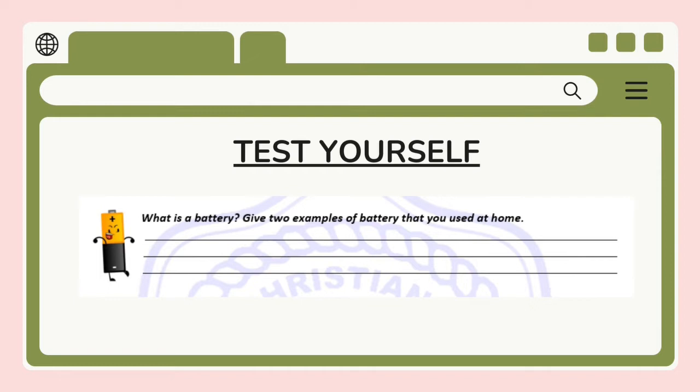For our laptops, we are using the lithium batteries. Lithium batteries power appliances that draw too much power, such as the laptops or a desktop. So those are two examples of battery that we can use at home.